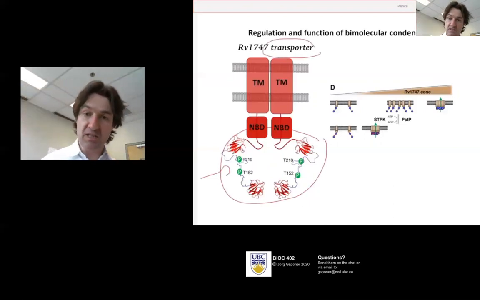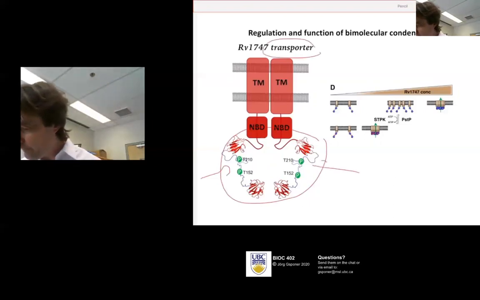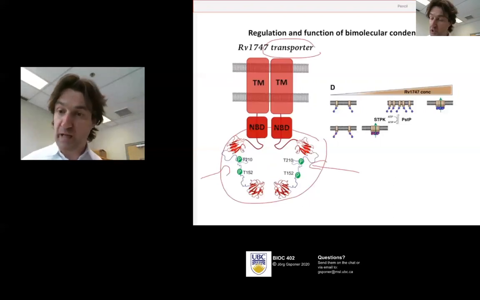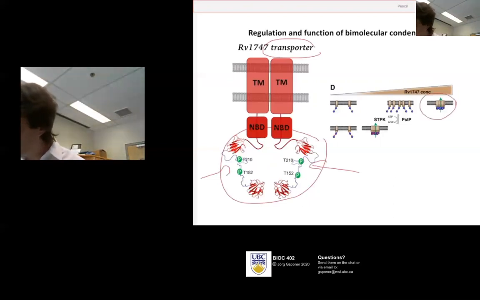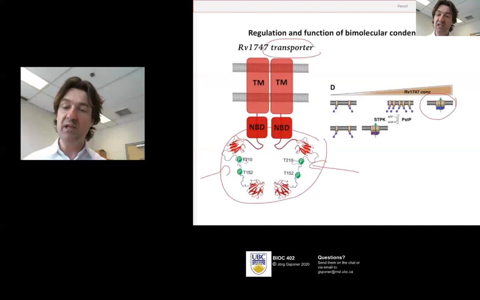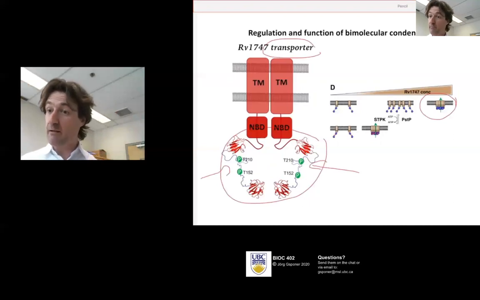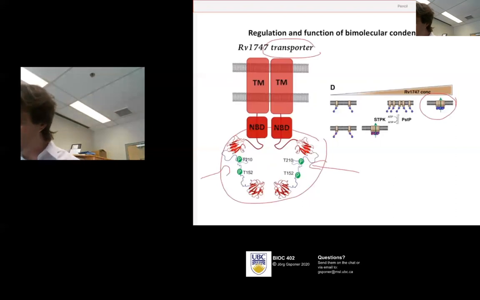Well, our hypothesis is that this phase separation or droplet formation leads to the clustering of multiple ABC transporters in the cell membrane, and that can enhance activity or facilitate transport of the big substrates.